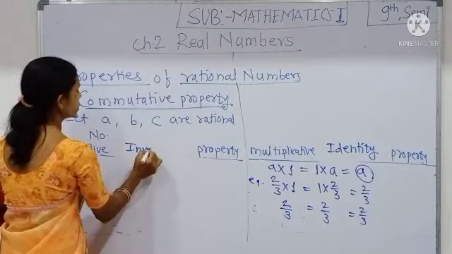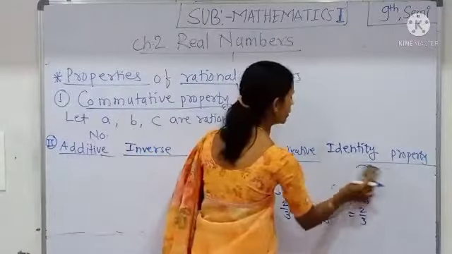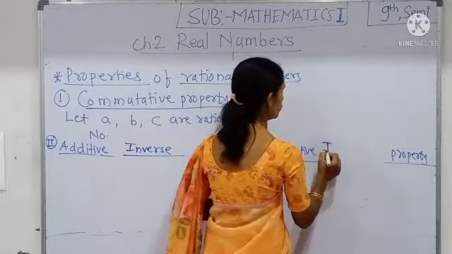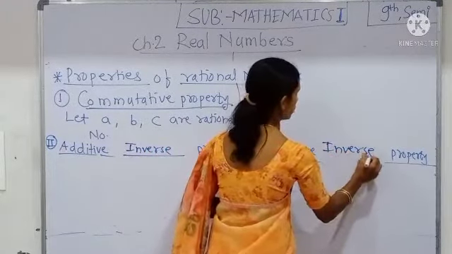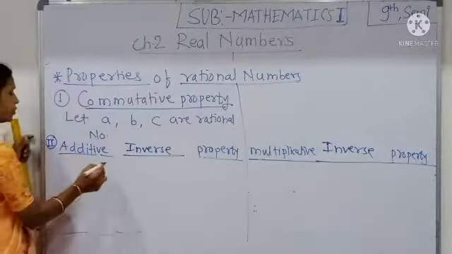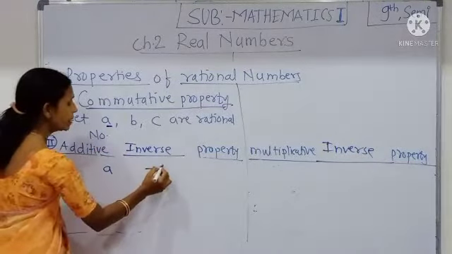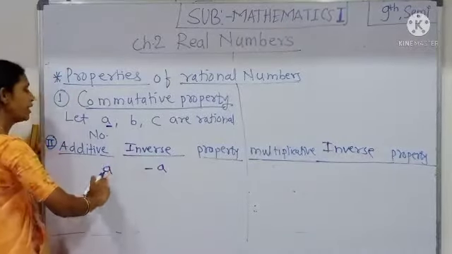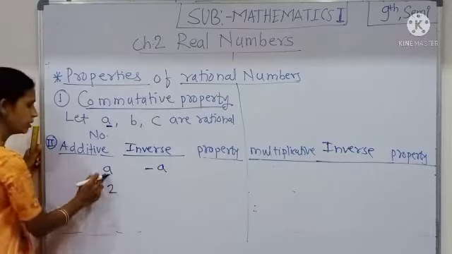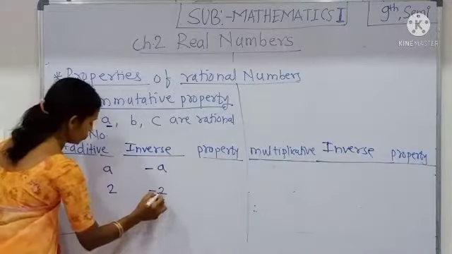Additive inverse property as well as multiplicative inverse property. All of you studied about that. If A is a rational number, then minus A is the additive inverse of that A. For example, 2 is a rational number, then additive inverse of 2 is minus 2.